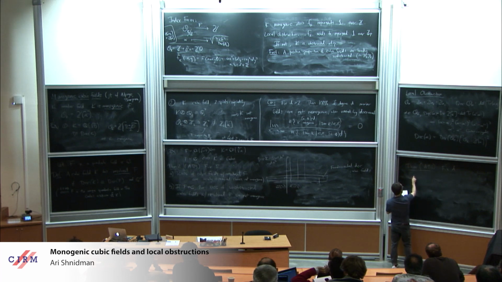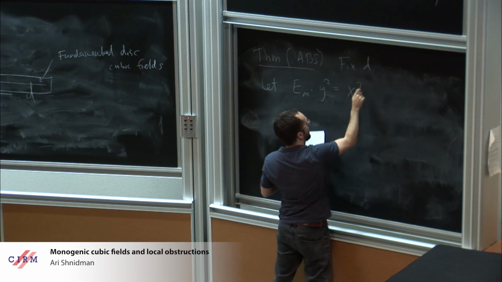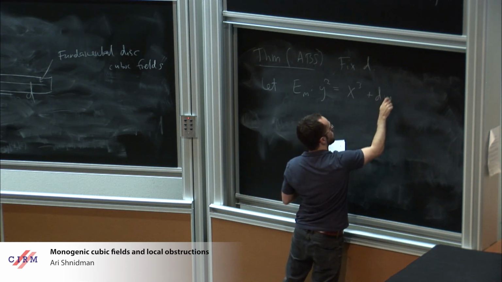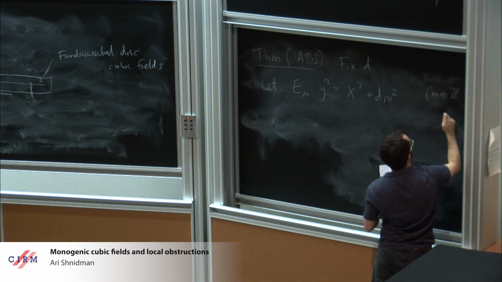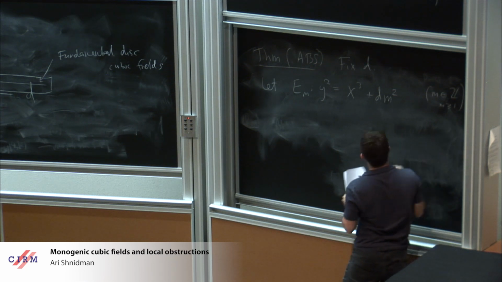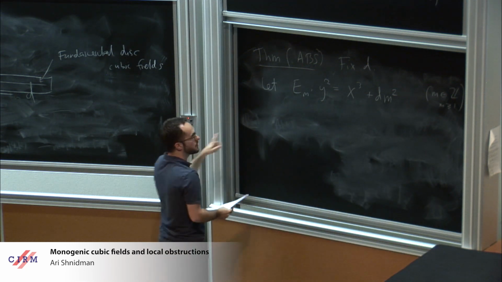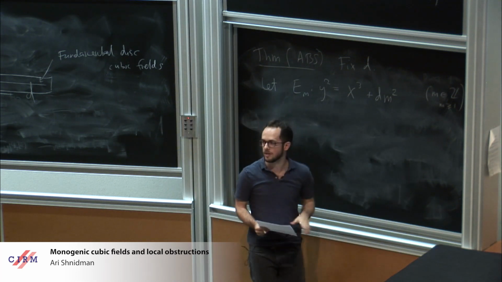And then let E_M be the elliptic curve x cubed plus D M squared. M is an integer. Might as well let it be positive. So this is a cubic twist family of elliptic curves, not a quadratic twist family, a cubic twist family.